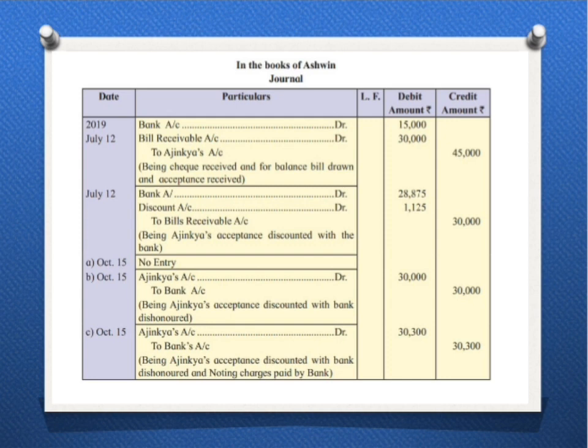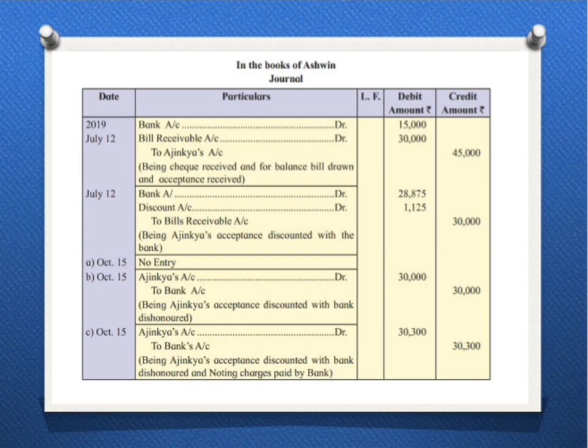So bank account debit, discount account debit, to bills receivable. Already we have calculated the amount of discount, that is 1,125. And if it gets honored, then we know there will be no entry in the books of Ashwin, as he is the drawer and he has already received the amount from the bank.